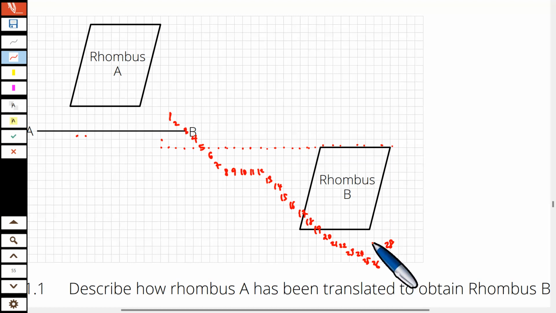Okay, so we're getting 28 possible movements.